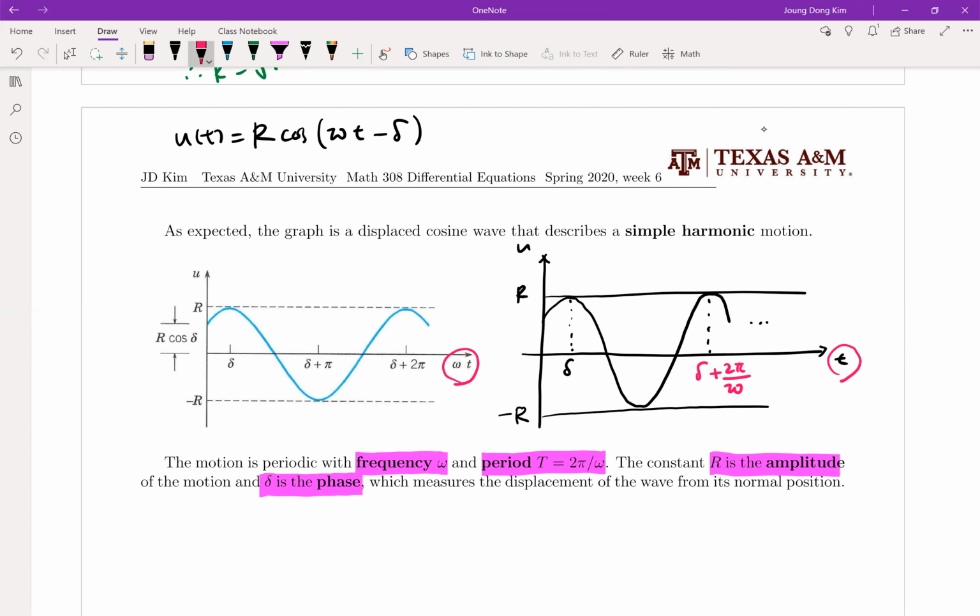The main issue is, let me summarize this again. Basically, undamped free vibration motion is just oscillation, right? When we derived this motion, it was m u double prime plus ku equal to 0, which is a homogeneous second order linear differential equation with constant coefficients. We can handle that because we know about the characteristic equation, right?